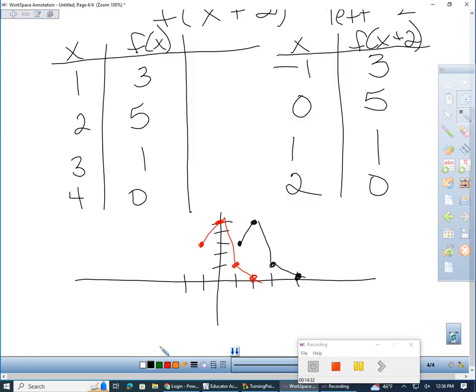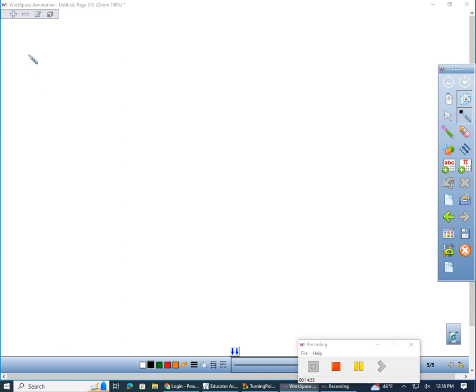So next thing. We've talked about moving it right and left, and we talked about moving it up and down. So now I want to talk about how it reflects. All right, reflection.